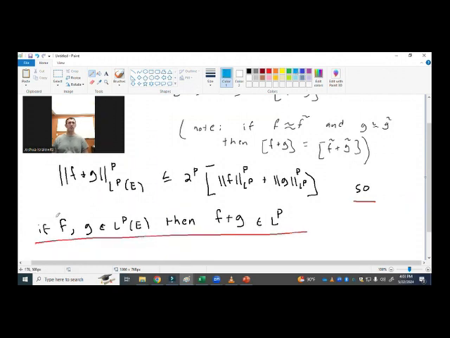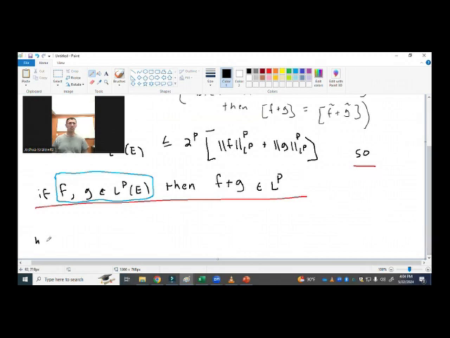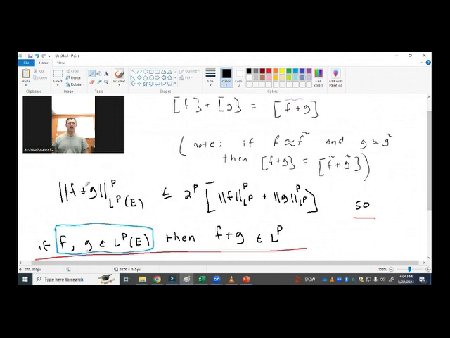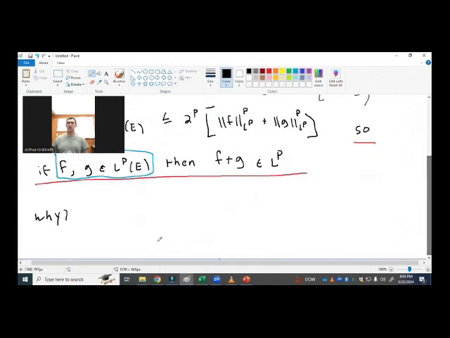Why is this true? Well, at least as a complex number, f plus g is defined almost everywhere because both f and g are finite almost everywhere, so they're genuinely complex valued almost everywhere.